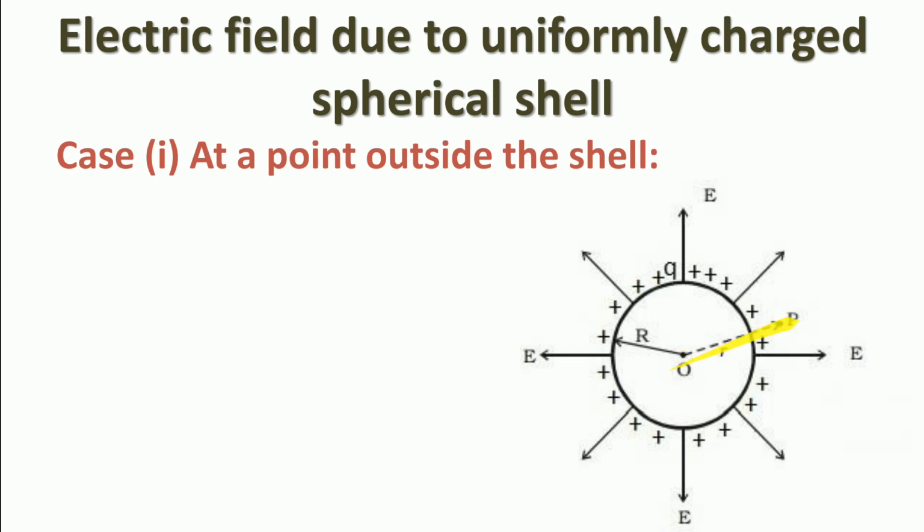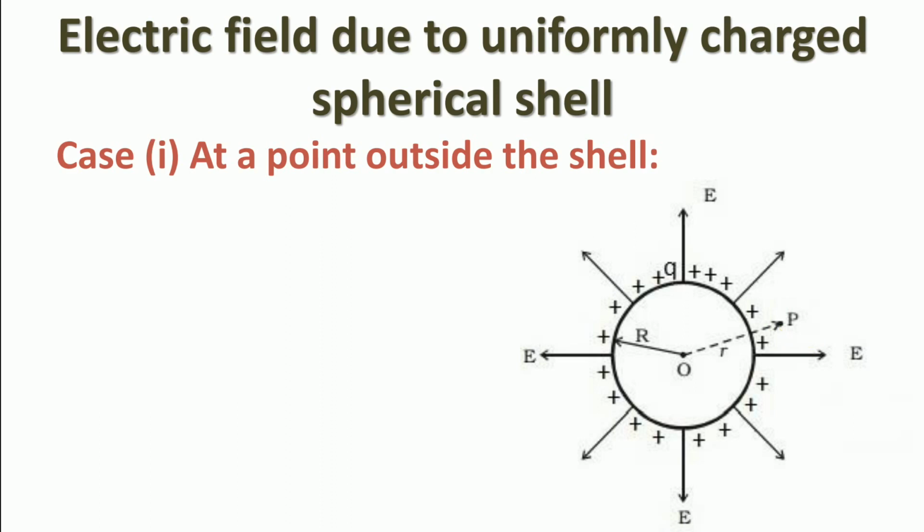This r is greater than the radius, that's why the point P is outside the sphere, outside the spherical shell. So we need to calculate the electric field at the point P, outside the spherical shell. So how to find it?